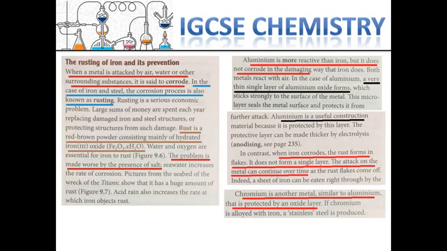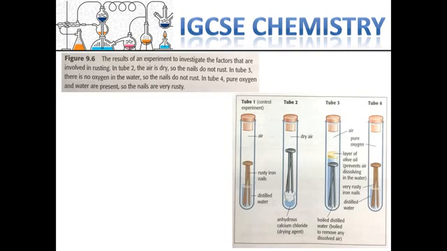Chromium also performs similarly to aluminum. It is protected by the first outer layer of metal atoms, which are oxidized by the oxygen of air.